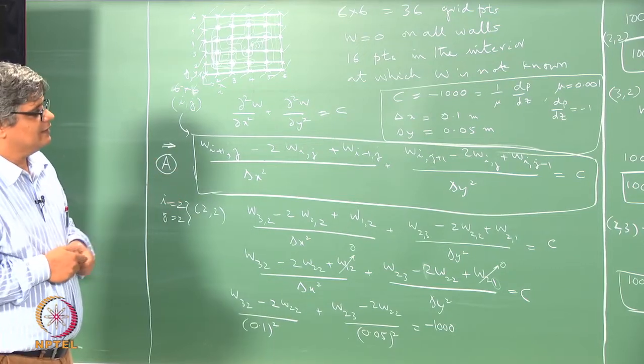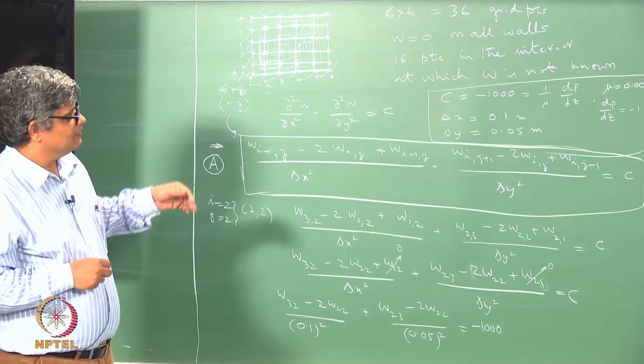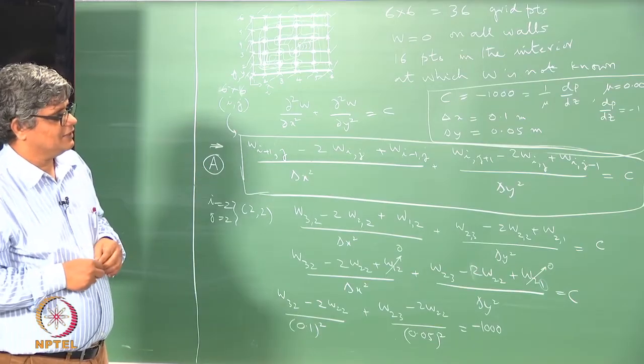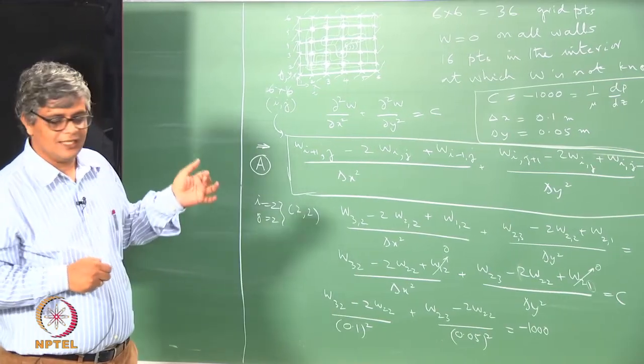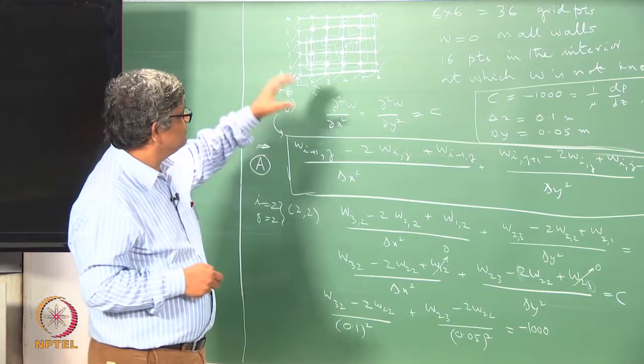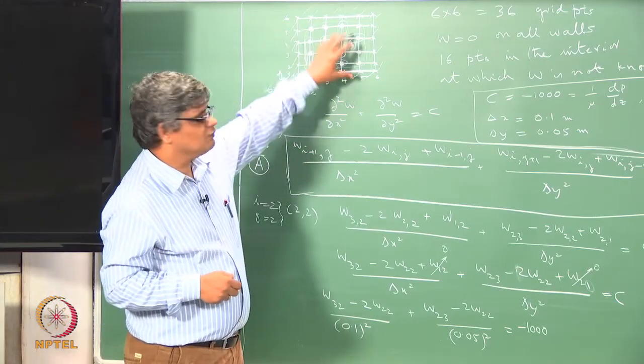Since we are doing a hand calculation and since we need to write 16 equations, it becomes a bit difficult. So, in the next lecture we are going to simplify it and make it into a 4 by 4 matrix.